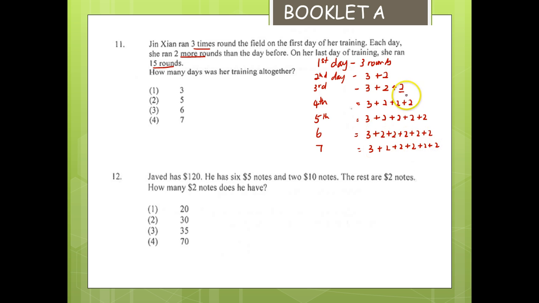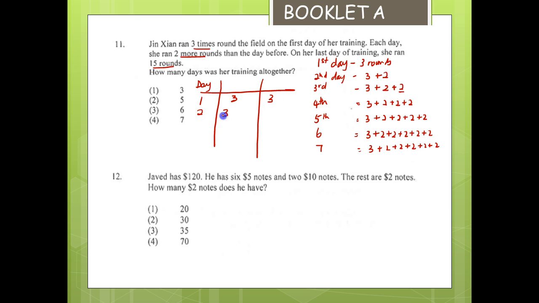Now, another way of doing this, I can draw my table, which means I have the number of days. On the first day, she ran 3 rounds, right? Because there is no addition, I put 3.